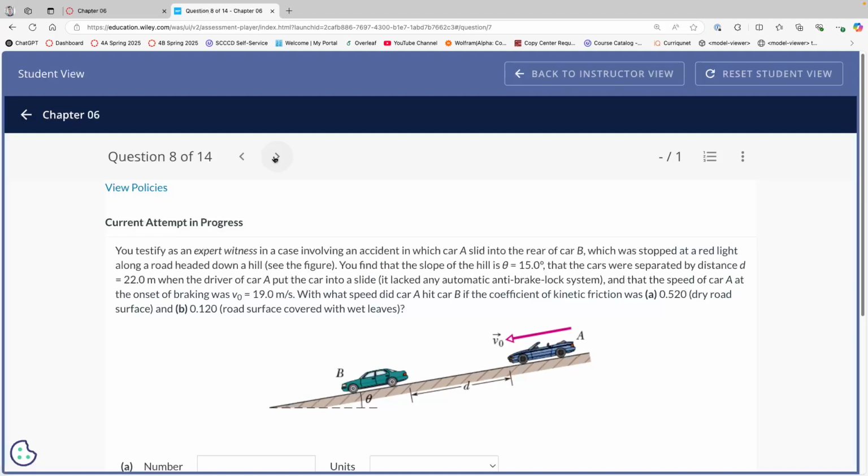I put this question into the homework to remind you of the toolbox of kinematic equations, okay? So in this particular problem, you need to use Newton's second law, free body diagram, to find the acceleration of the car. And once you find the acceleration and you know a distance, how are you going to find out how fast it's going when the collision takes place? A chapter 2, one-dimensional problem, right?